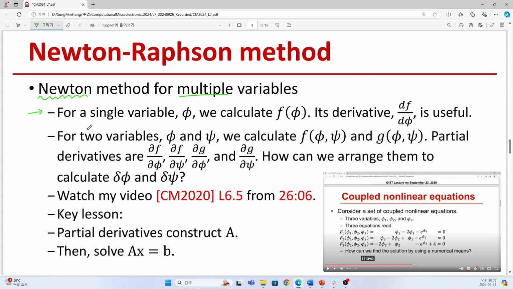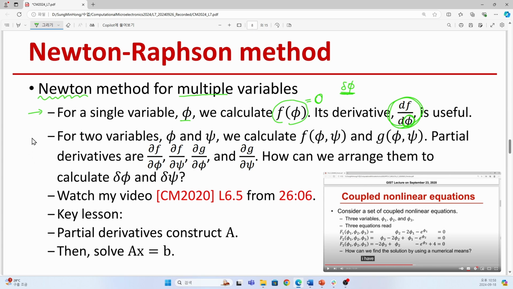When we have only one variable, we calculate the function which should be nullified eventually. Then in order to calculate the update of this unknown variable delta phi, we had to calculate the derivative of this function with respect to the unknown variable.